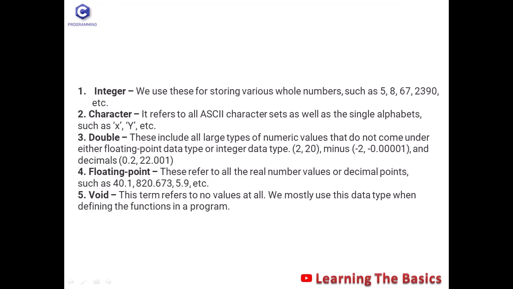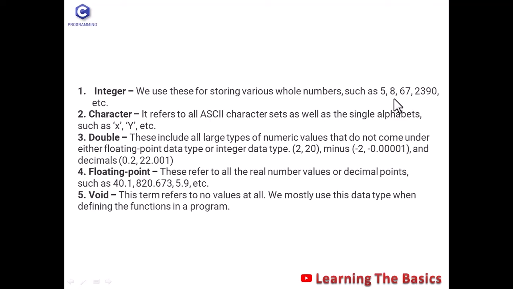The integer, we use this for storing various whole numbers such as 5, 8, 62, 68, 67, 2390, etc. Character refers to all ASCII character sets as well as a single alphabet such as X, Y. The double includes all large numeric values that do not come under either floating point or integer data types.